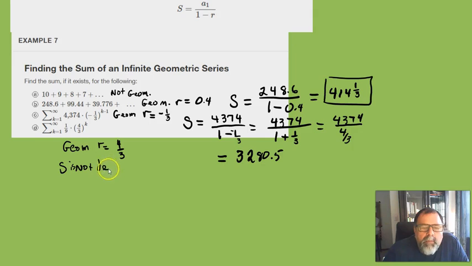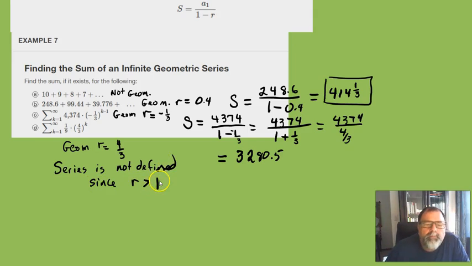It grows without bound. Okay, so the infinite series is not defined, since R is greater than 1.